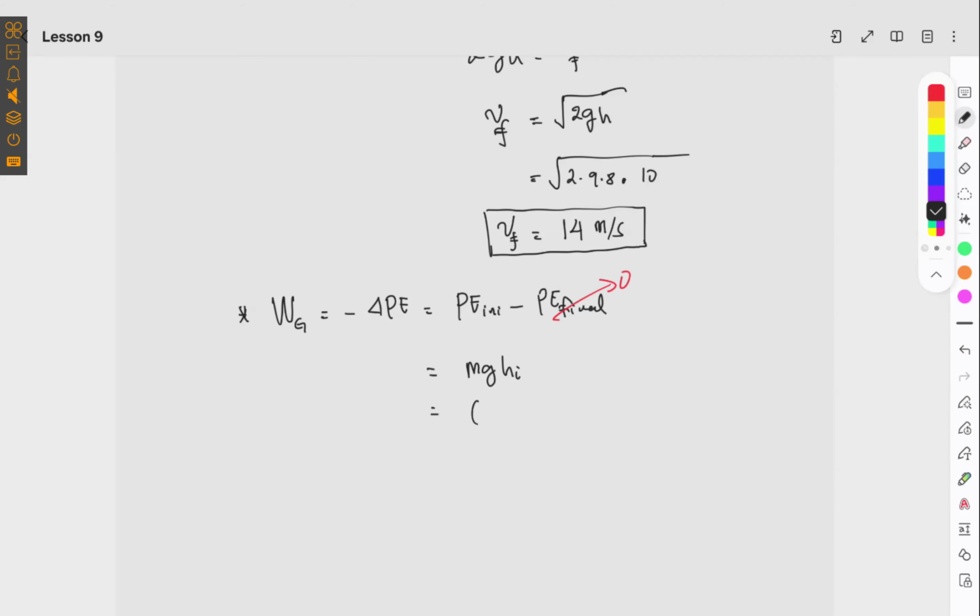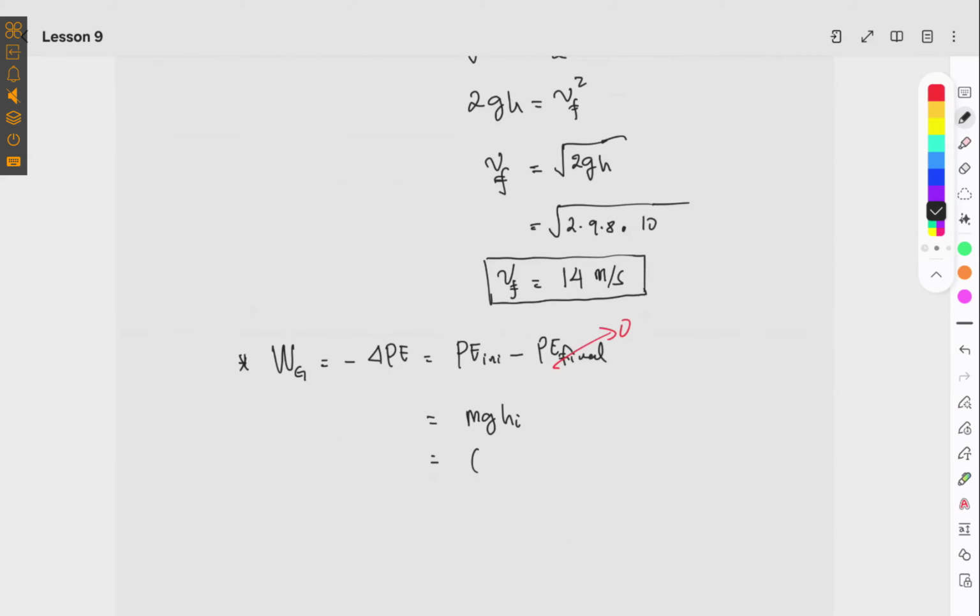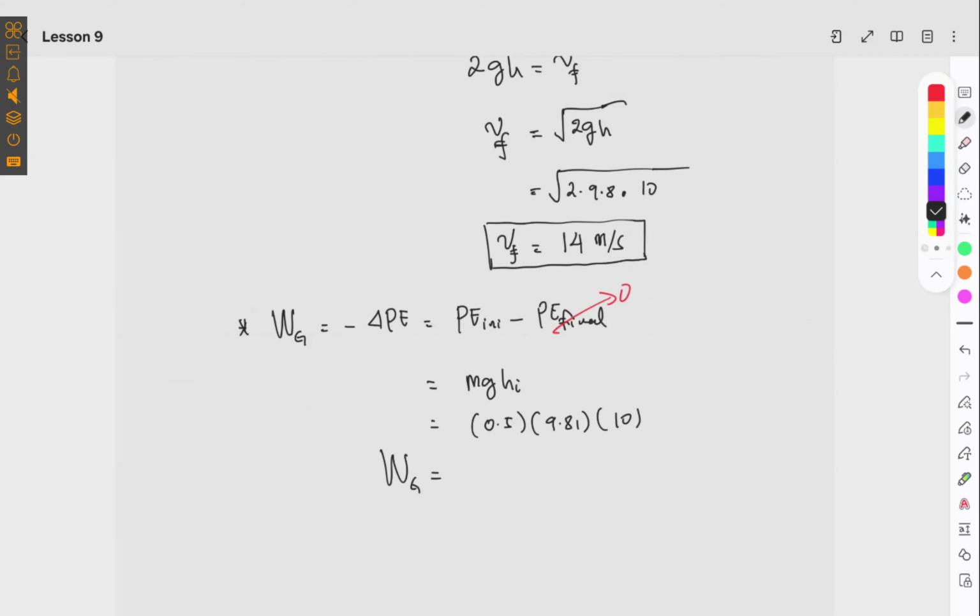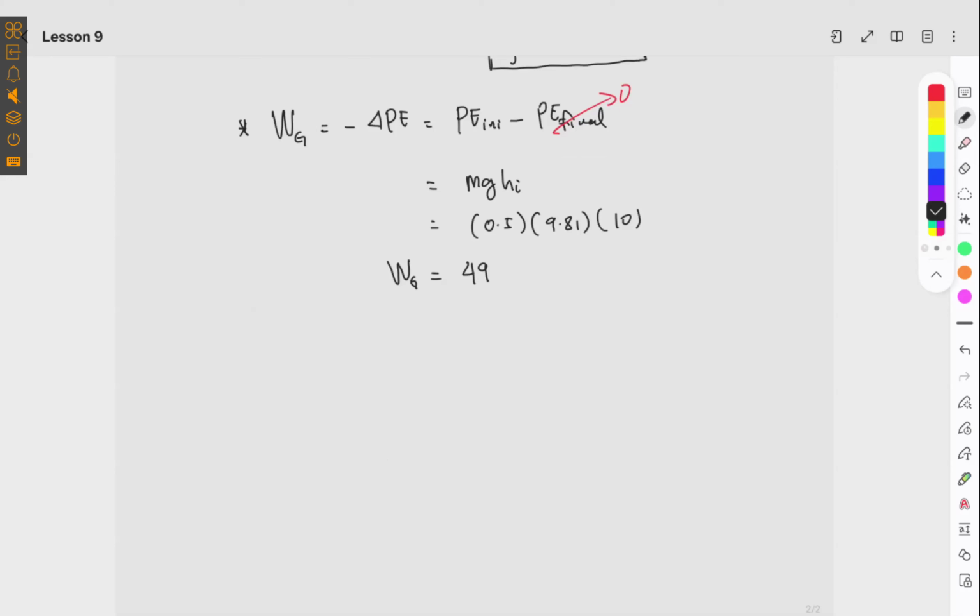The mass is 0.5 kilograms, gravity is 9.81, and the height is also 10. So the work by gravity is simply 49. What's the unit for work? Joules.